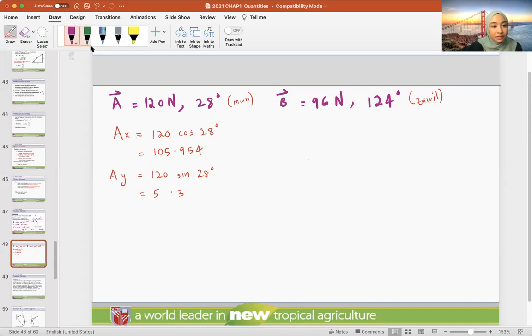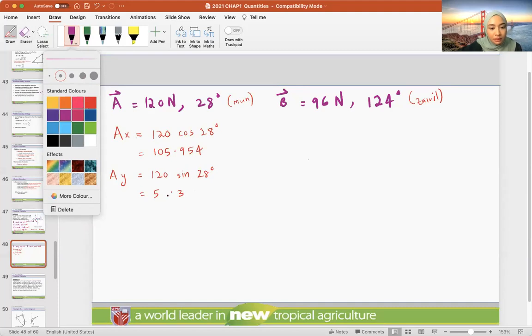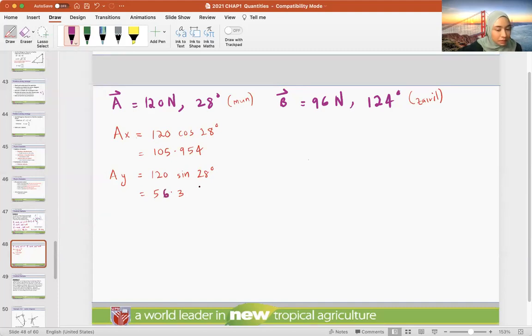Sekejap. 3, 4. Dengar dia cakap. Apa ni? Sembang apa tu?